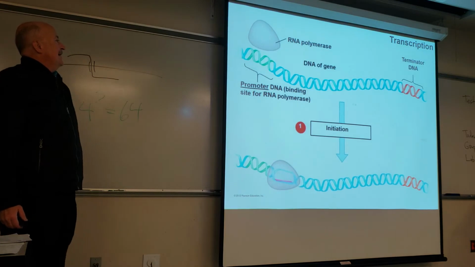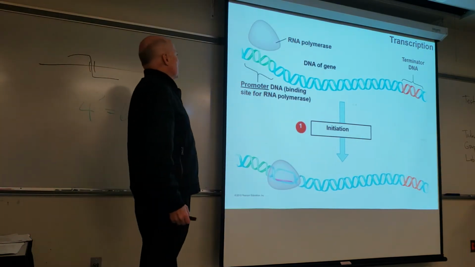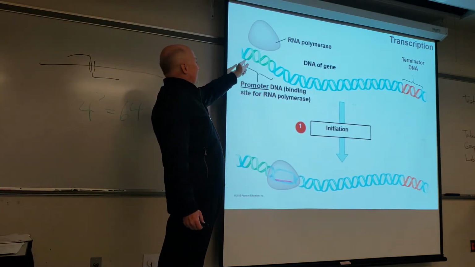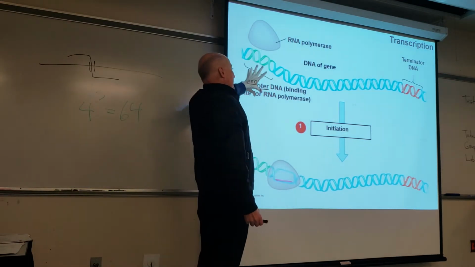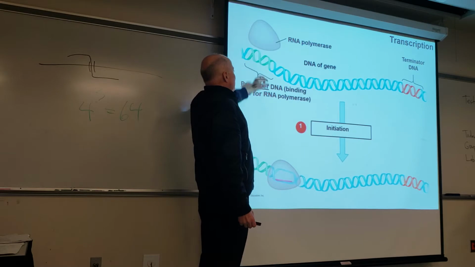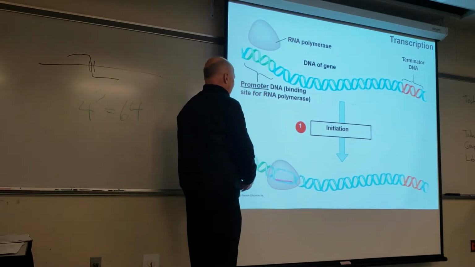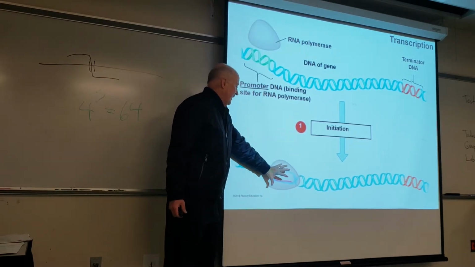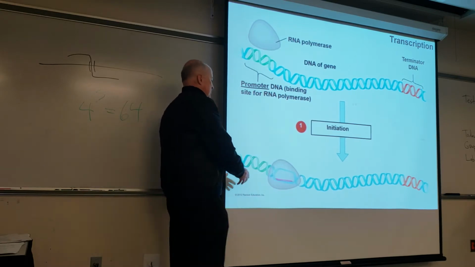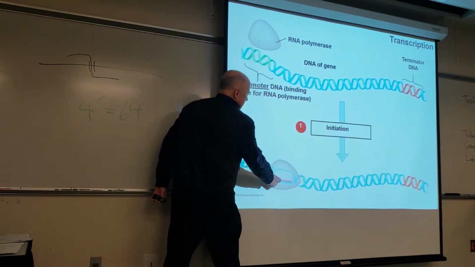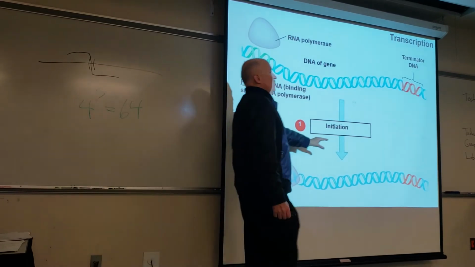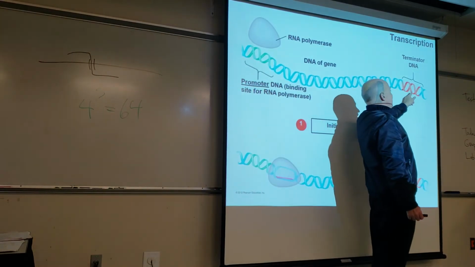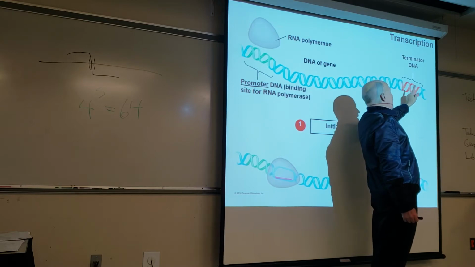So you'll have a region near the start of the gene that's called the promoter, and that's marking a binding site for the RNA polymerase. It will attach, and that will then open up the DNA molecule. It'll create this transcription bubble and begin building a copy of one of the DNA strands. It's going to move down this whole gene until it gets to a terminator DNA.